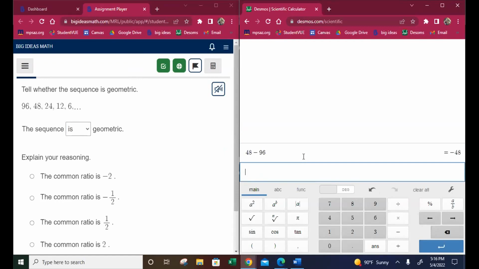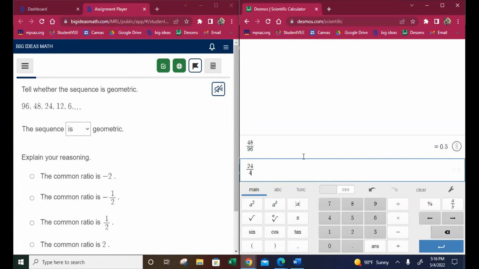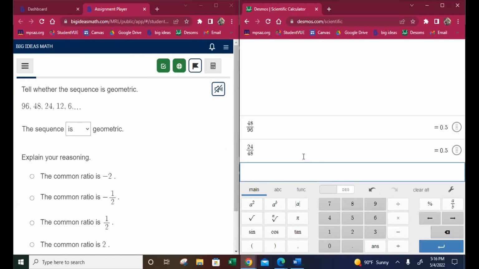Divide, not subtract. Yes, it's always the right divided by the left. So then you could do 24 divided by 48 and you'll see it's exactly the same. The common ratio is 1/2.